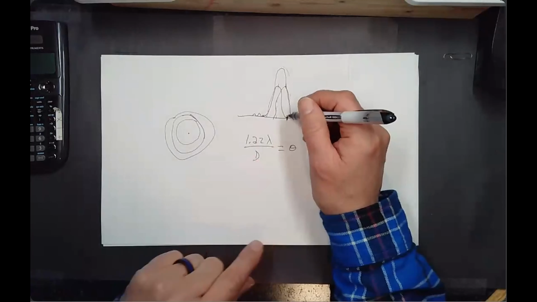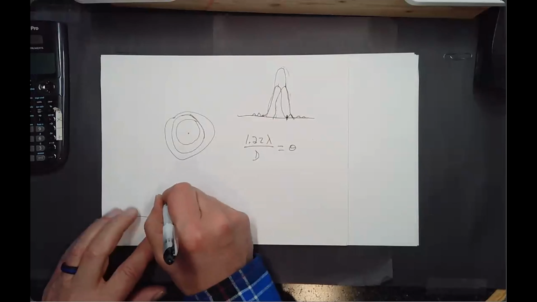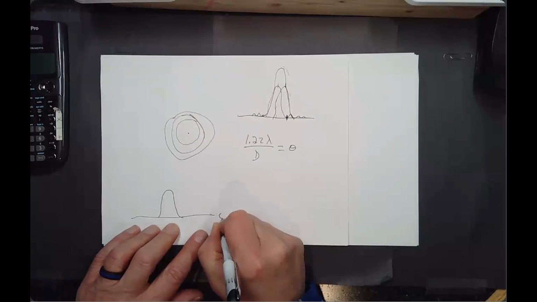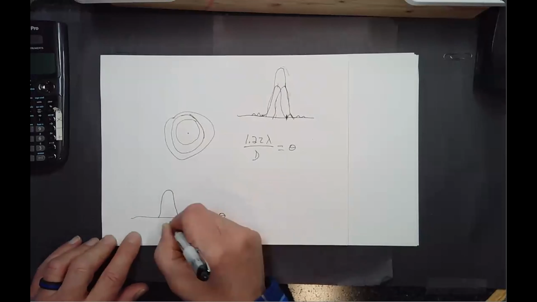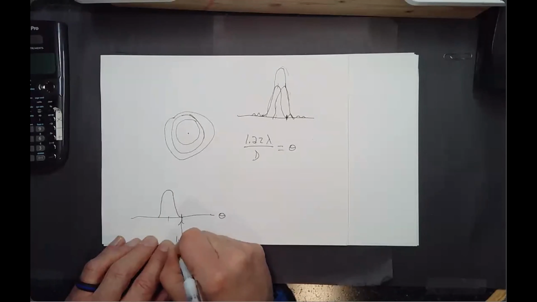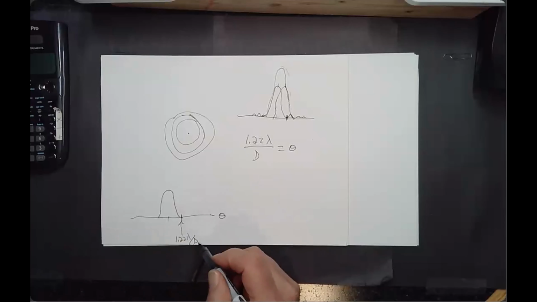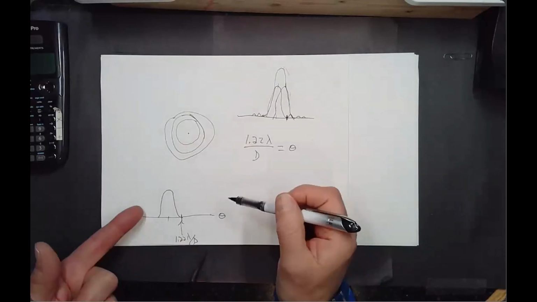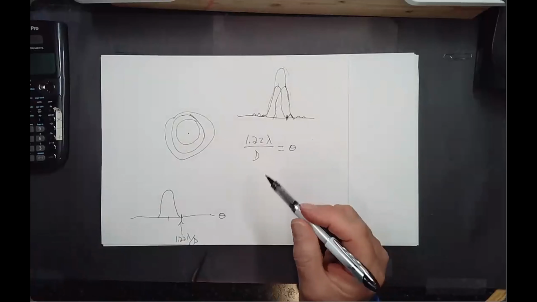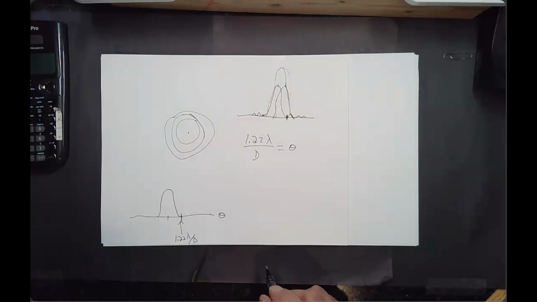But if you're making a diagram like this, where you're just plotting the brightness as a function of angle in either direction, plus or minus, the first minimum shows up at about 1.22 times the wavelength divided by the diameter of the aperture. And so if you've got things that are separated by exactly that angle, you have a really hard time telling them apart. If you start getting them farther apart, you'll be able to have it work better.